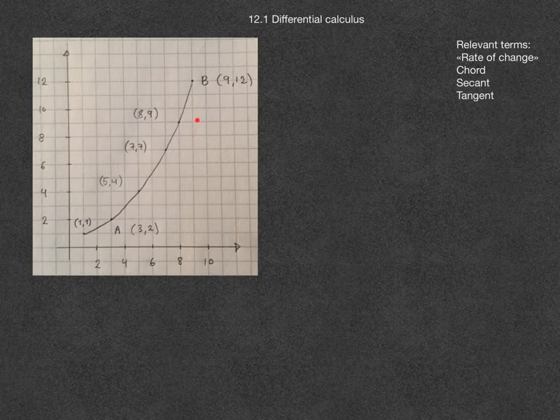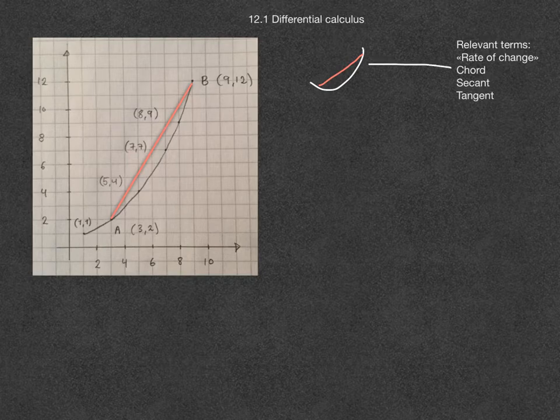If we have a curve like this, we can mark 2 points, A and B, and we can draw a straight line between them, like this. Now, a straight line cutting across a curve like this, but not going across it, just going between 2 points on the curve, is what we call a chord.